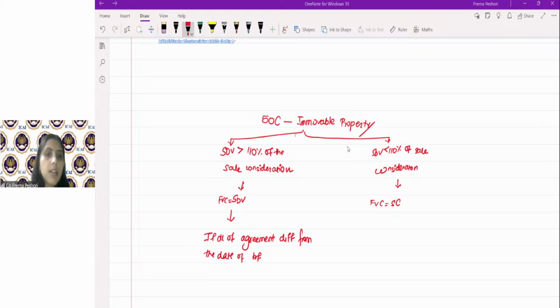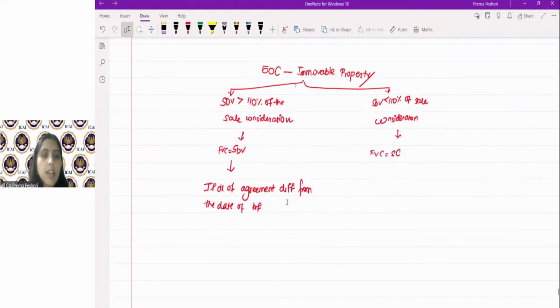In this particular case, there could be two situations.